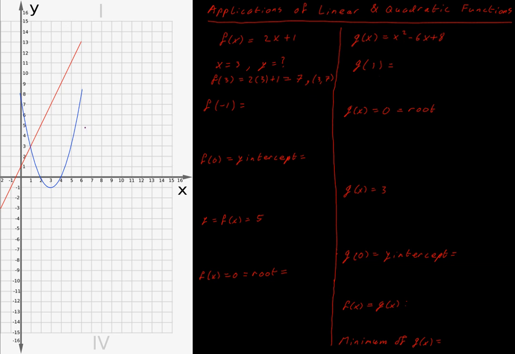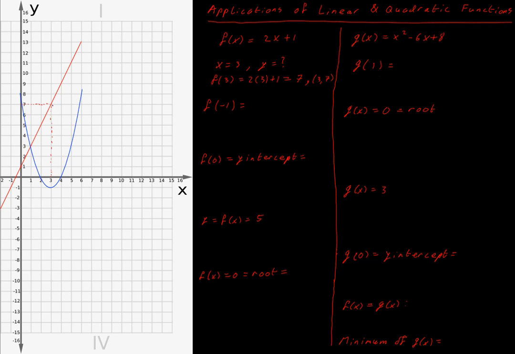Let's try this on the graph. The way that we read our graphs is that we are going to usually start with whatever letter they have given us, and we're going to find the other letter. So we are going to go up from x is 3 up to our function and go across, and we get to y is 7.